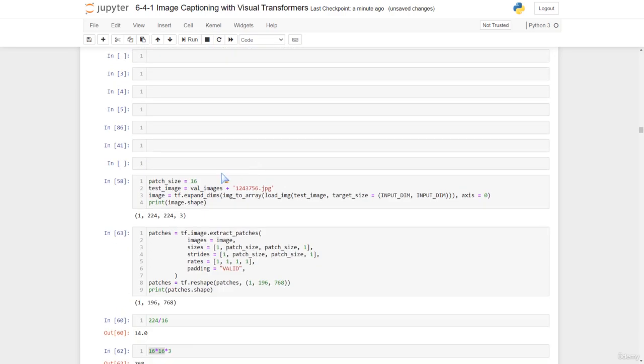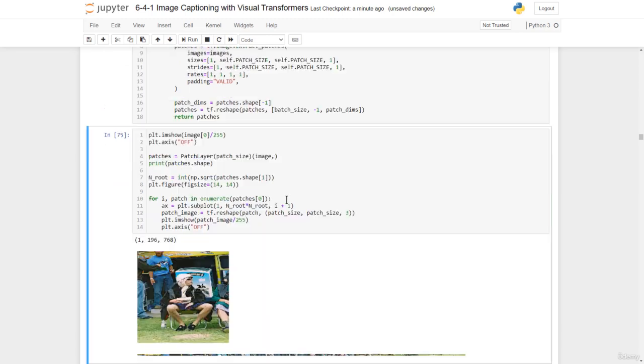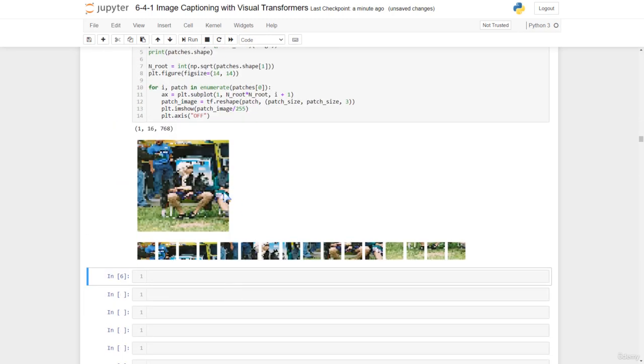Let's reduce the size of the input image to 64, so that it could be clearer. Run this again. Okay, now this 64 by 64 is broken up into several patches. So basically this is how it gets into the transformers encoder.